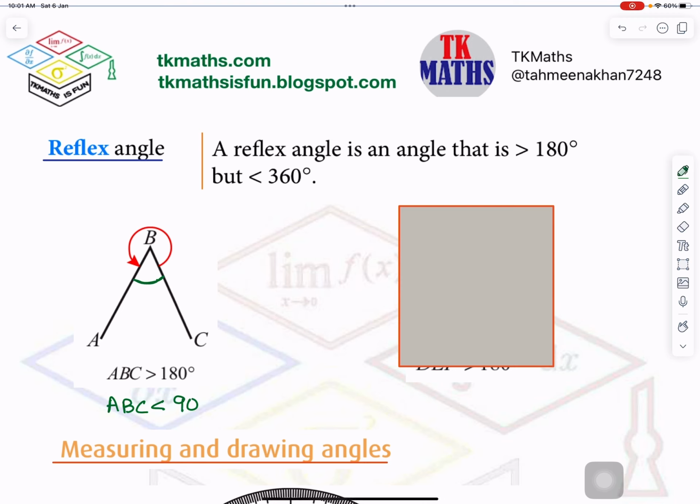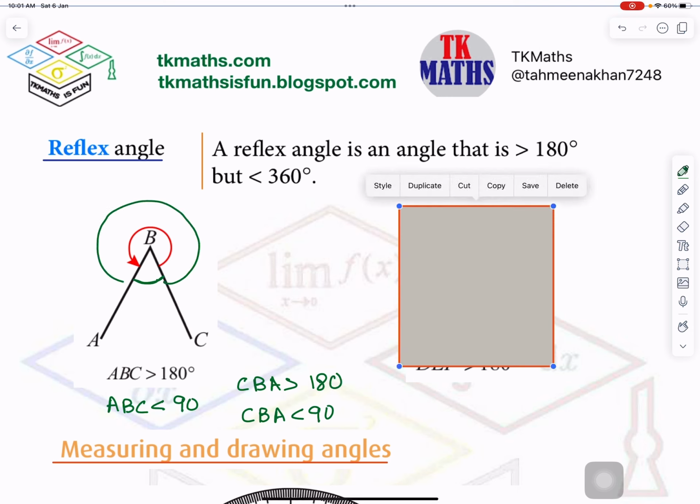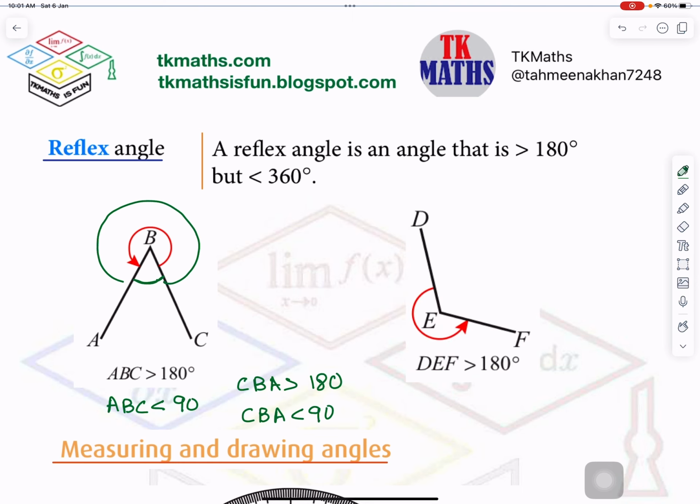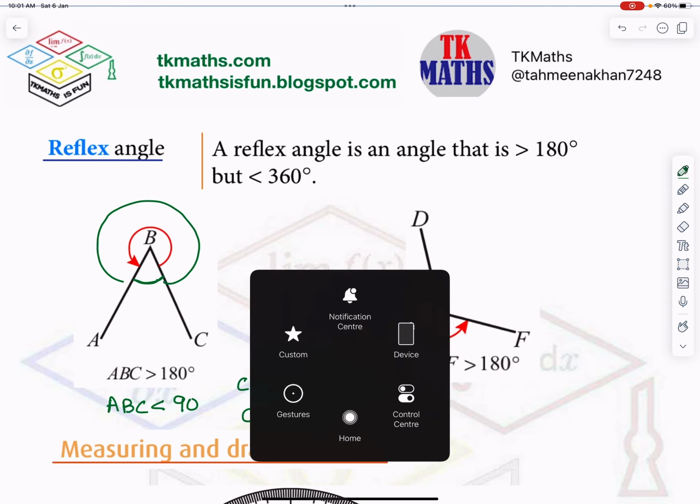So it all depends on how it is written. That will give you a clear hint of what we are talking about. Or if you want to write CBA, you can write that also. CBA is less than 90 degrees, and if you write CBA is greater than 180, it means I'm talking about this side. So it depends on what you're talking about. Here also DEF is greater than 180 degrees.